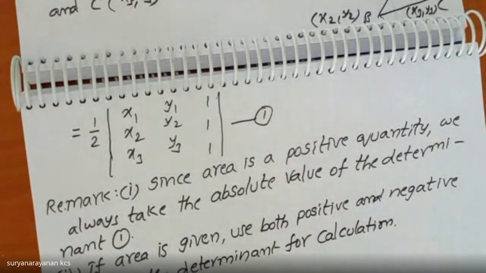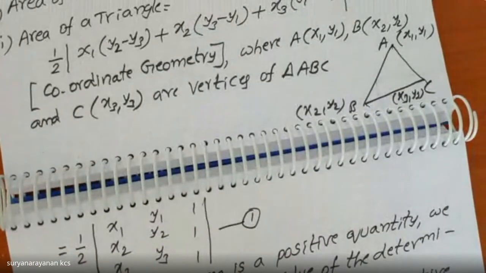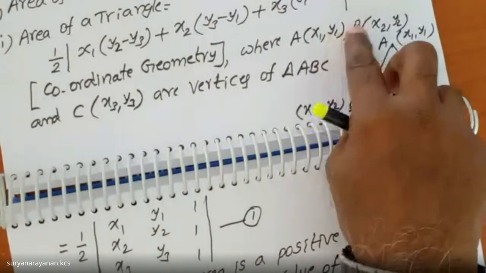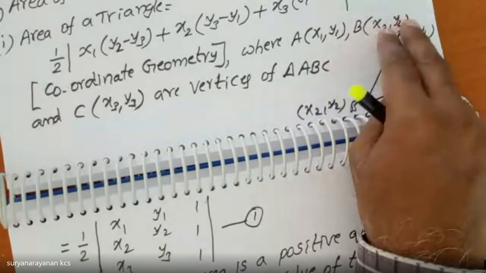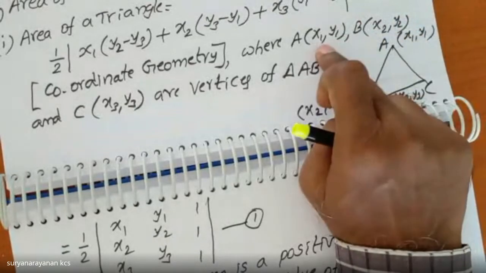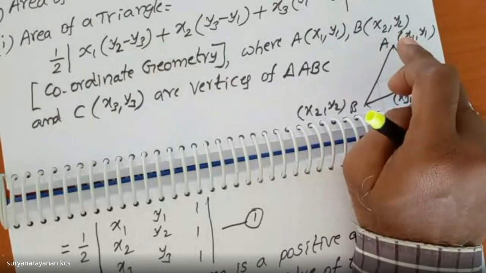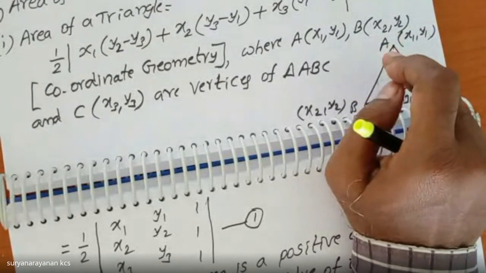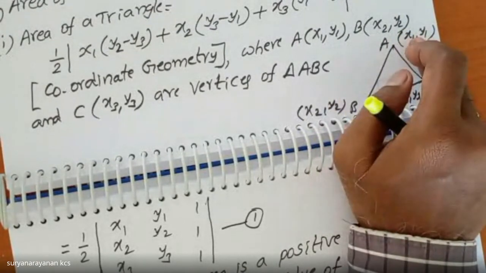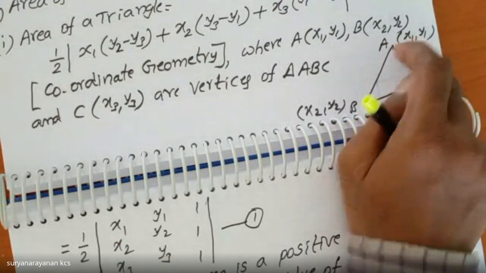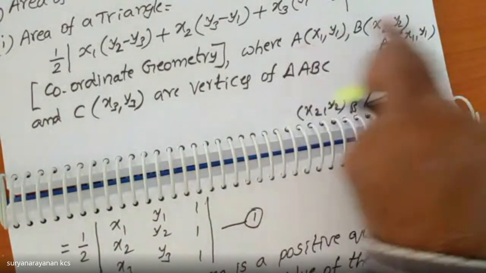Sometimes they will not give the values of x1, y1, x2, y2 or x3, y3, any one of these 3 vertices. In that case, they will give the area of the triangle and any 2 vertices.